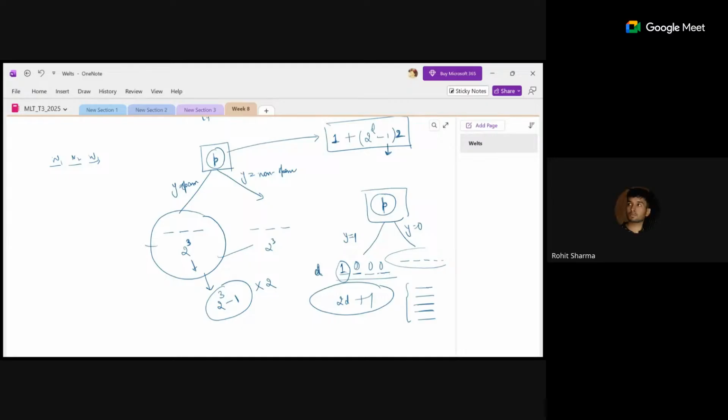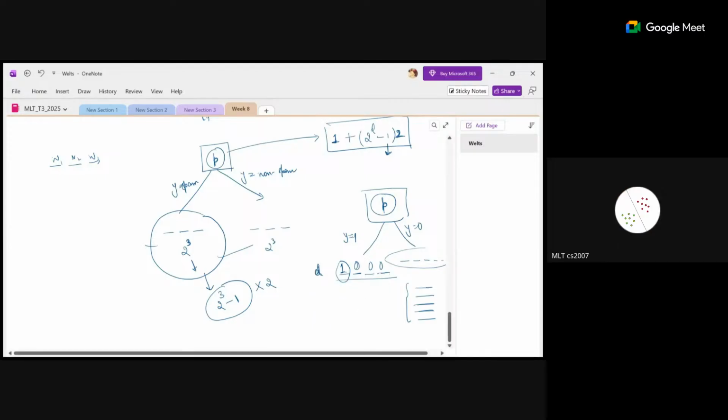Then each word has 2 options, so 2 times 2 times 2, meaning there are 2 to the power d permutations in that case. It can occur, it cannot occur. What we are doing is, for each of the words that you have in the dictionary, this is word 1, this is word 2, this is word 3, and so on, I am associating a probability to each of them.